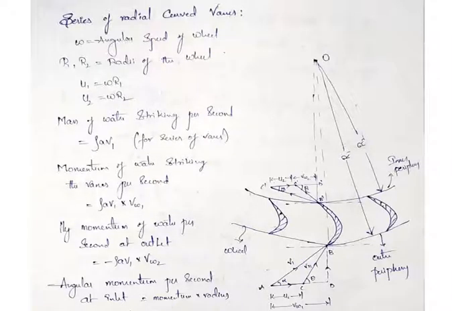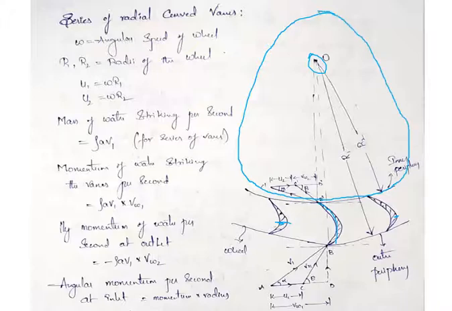Now we'll see the series of radial vanes, and this is the last case of this session. Here we have a series of curved vanes. From the midpoint of the wheel, this wheel will be circular. To this circular wheel we have the blades.